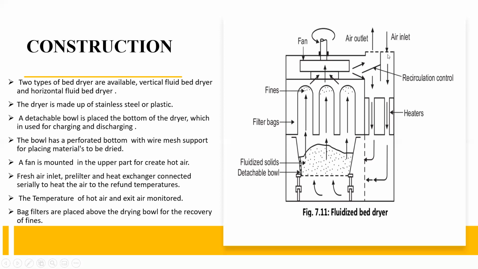The fresh air is passed through the air inlet, then it goes to the pre-filter, which subsequently gets heated by passing through the heat exchanger. So this air will be heated. First the air is introduced from the air inlet, then it goes to the pre-filter, and then to the heater for heating of this air.